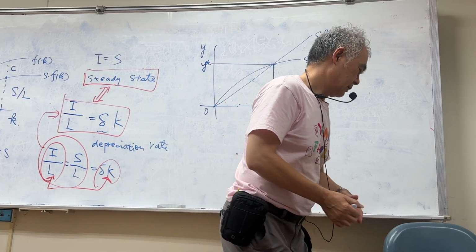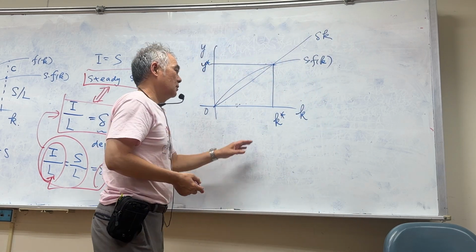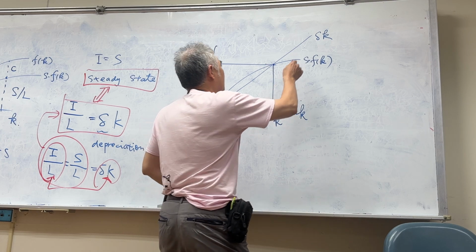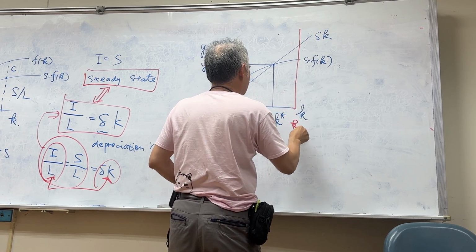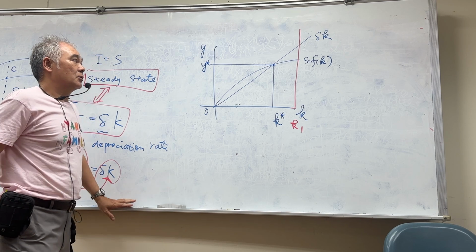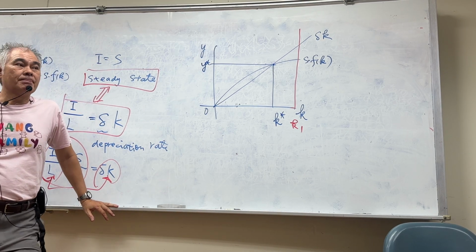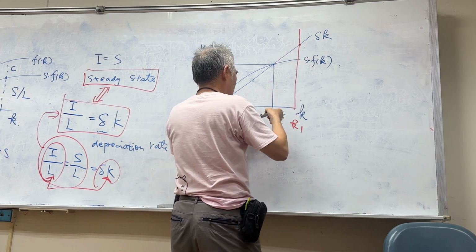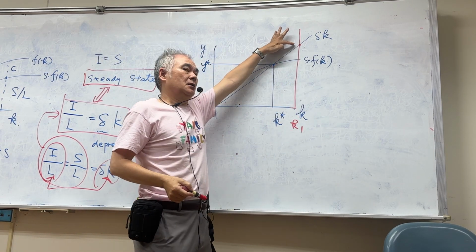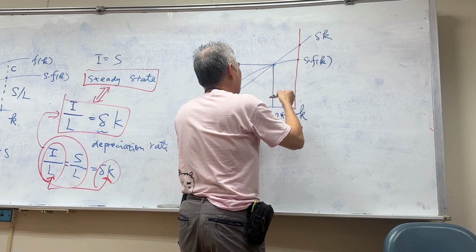Why? Okay, let's try here. Suppose the capital is higher here. Suppose you have K1 here. If you have K1 here, what is going to happen? Here is the depreciation. Remember, this is depreciation, and this is the amount of saving.